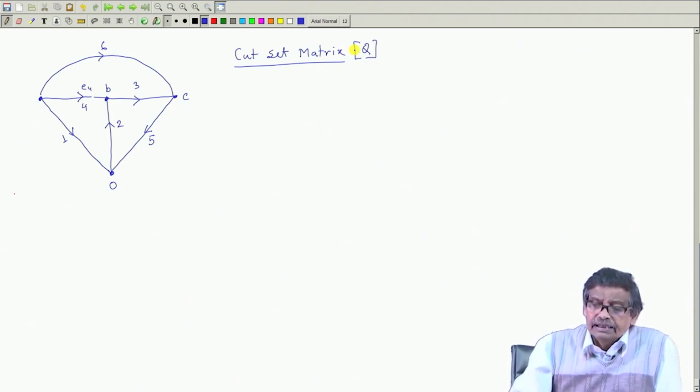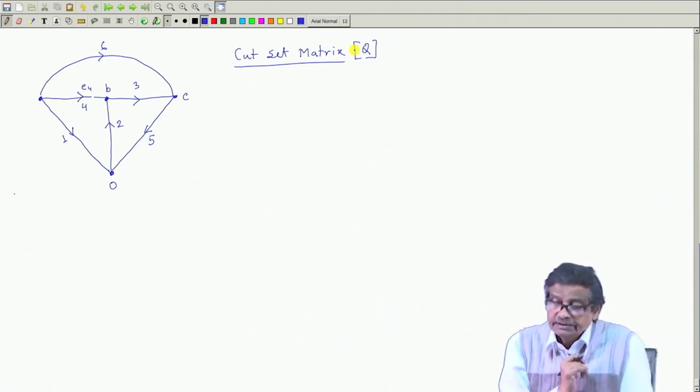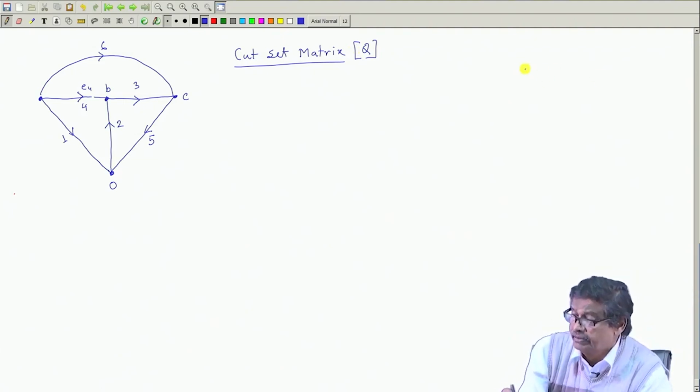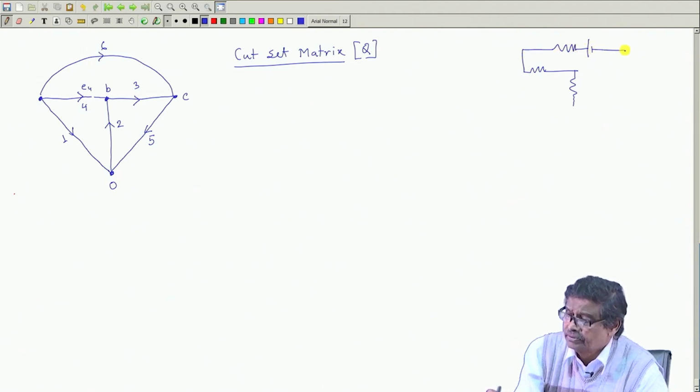It is once again writing down KCL only, but KCL not at nodes. To get the idea clear, suppose here I do some rough work which I will erase. Suppose you have a network like this. There are resistances, maybe voltage sources. Try to get a feel of what I am trying to do.